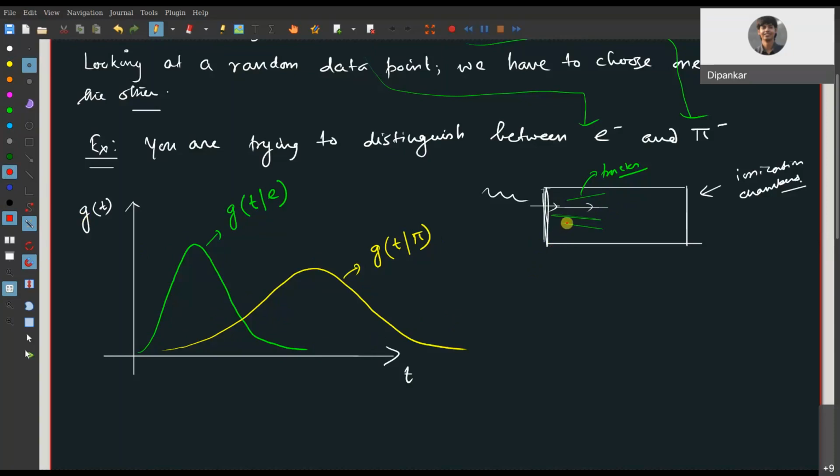I have done enough training with millions of data, and now I place the detector in an unknown source, and that unknown radiation comes, and I get a track length of this. Now, based on this information, the plots that I have, I have to make a decision whether this red track length is an electron or a pion.